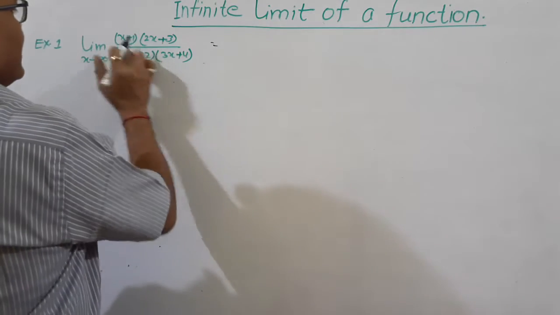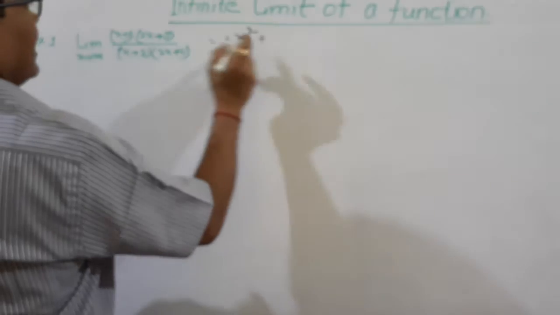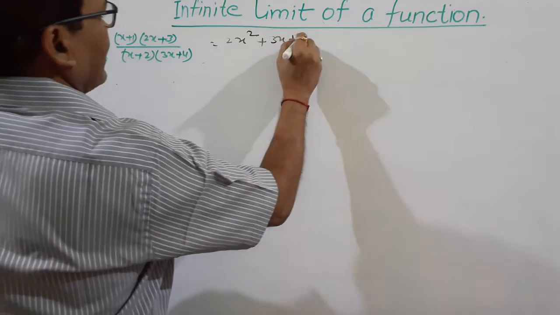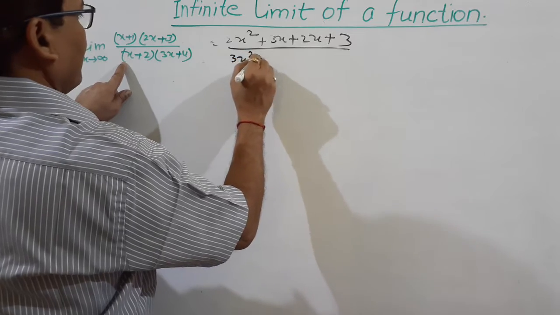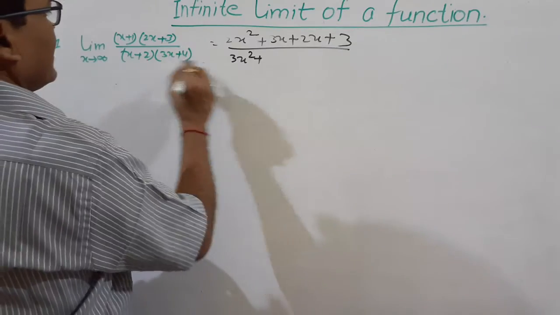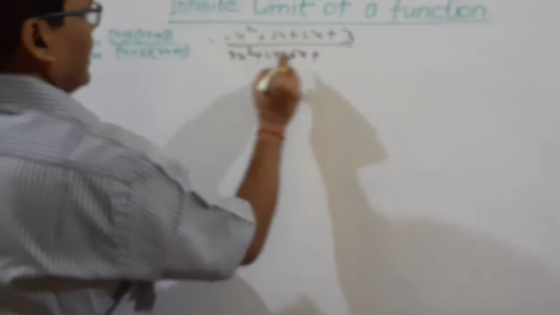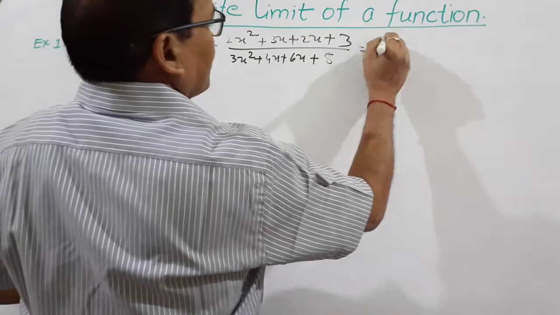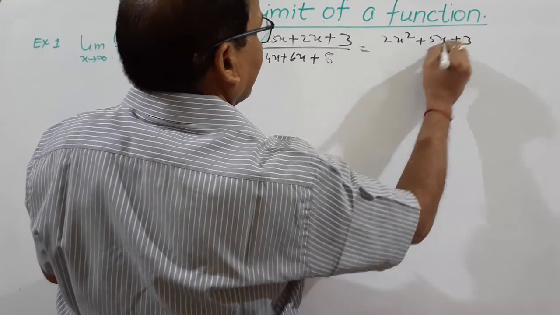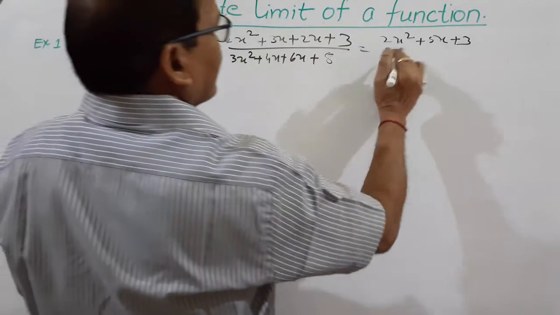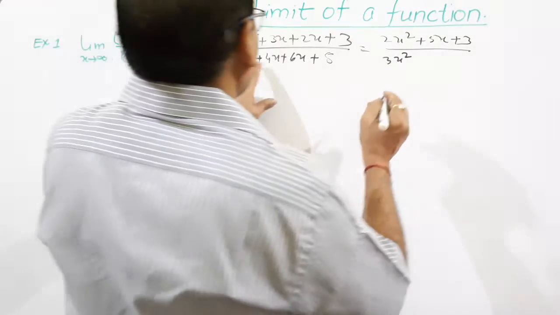Multiply, and you will get 2x square plus 3x plus 2x plus 3, divided by 3x square plus 4x plus 6x plus 8.